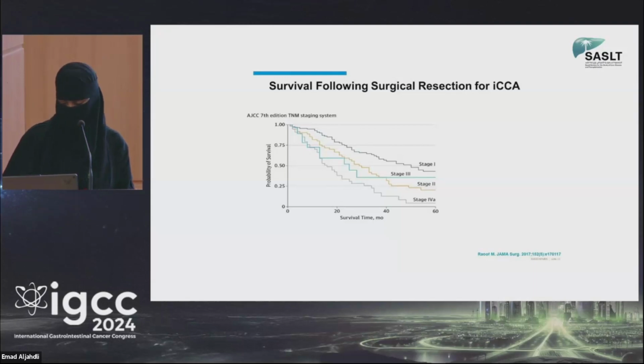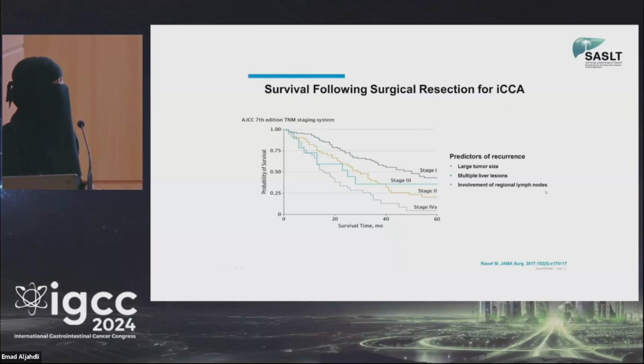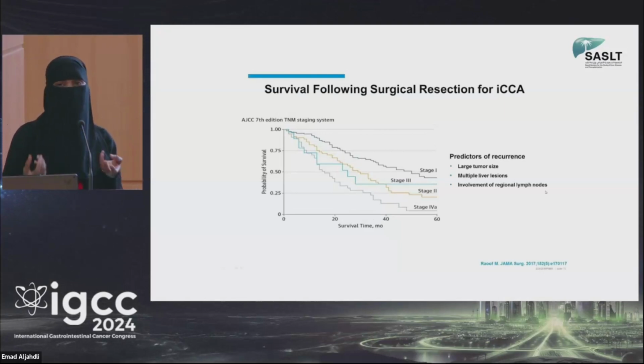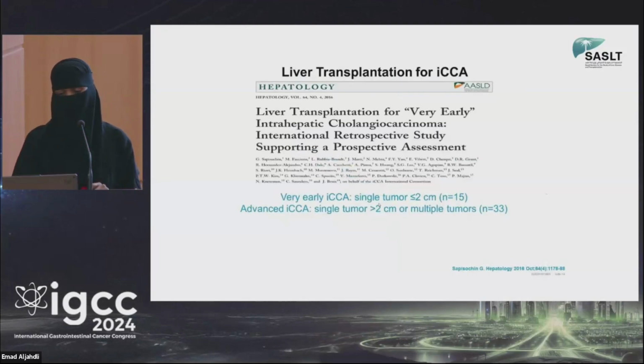The factors associated with advanced tumor are large tumor size, multiple tumors, and local involvement, like lymph node involvement or local invasion, that makes surgical resection difficult, so the patient will ultimately have a worse prognosis.